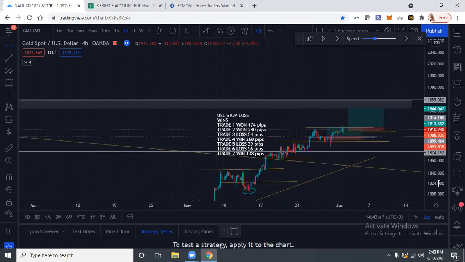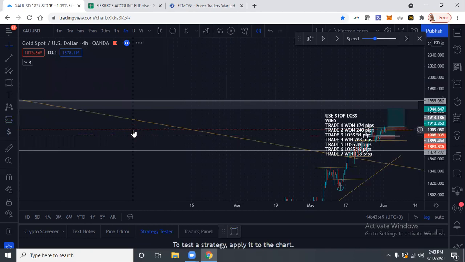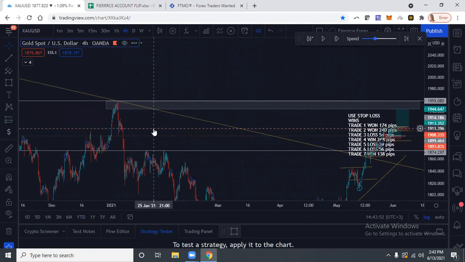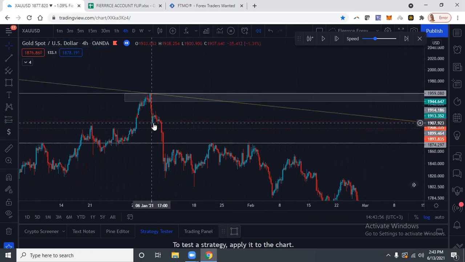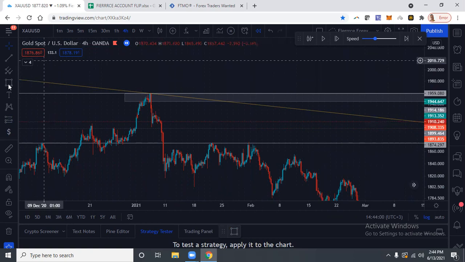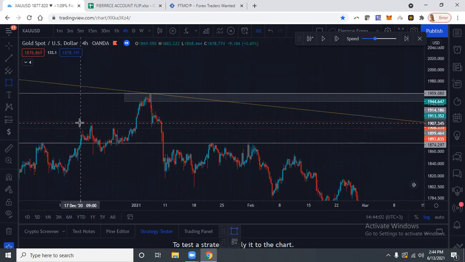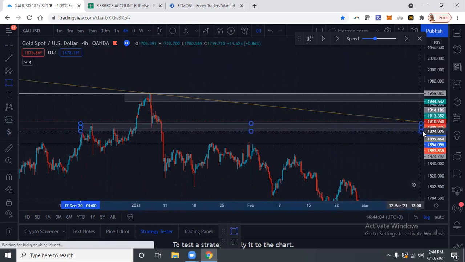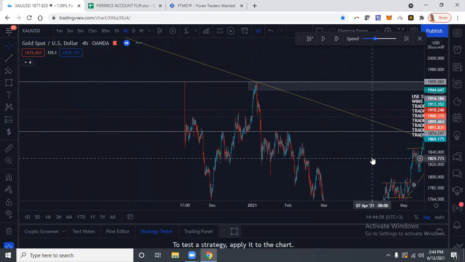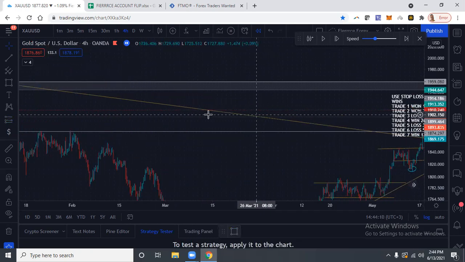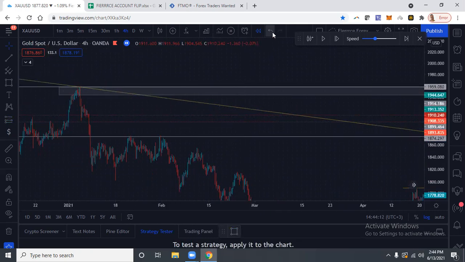Wait, I need to look left. I haven't looked left enough. Okay, so we're actually at this high here, and technically, it's a very interesting high. Let me grab this. Wait, what did I do?